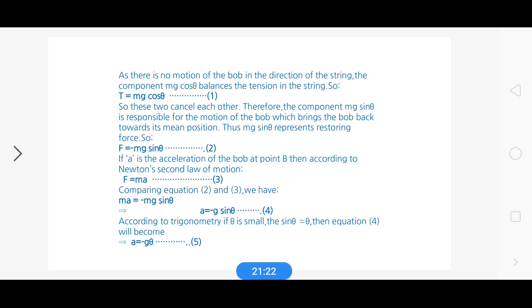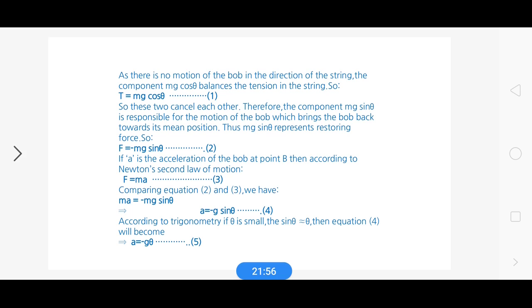Then the component mg sin theta is responsible for the motion of the bob, and it brings the bob back towards the mean position.